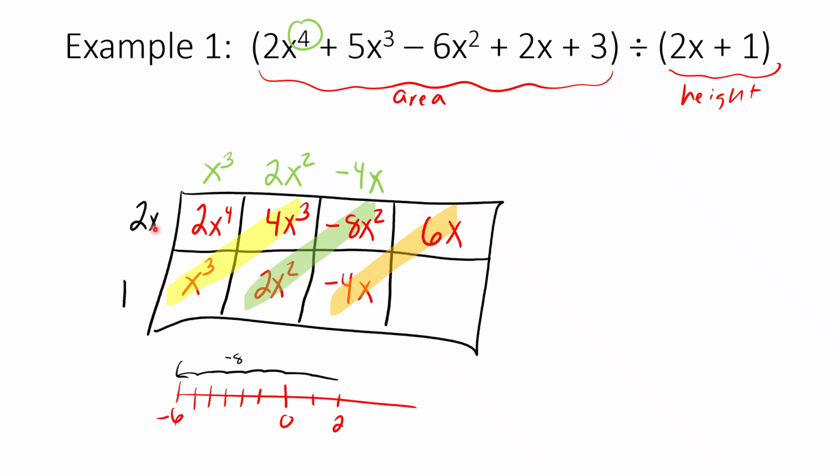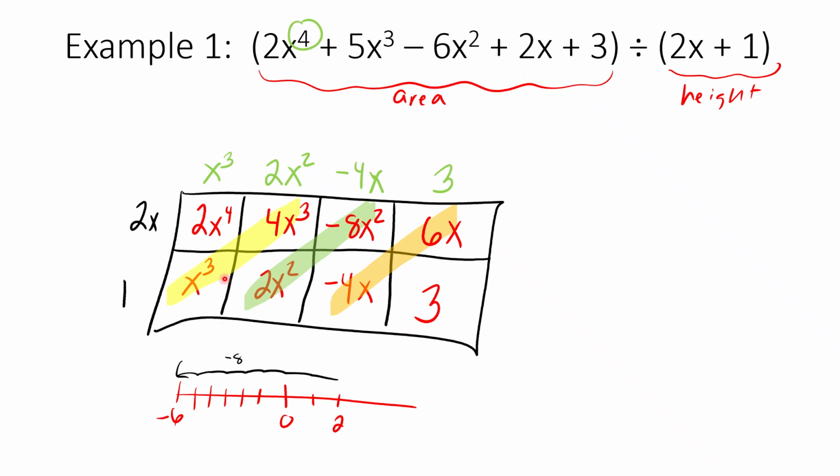And last time, 2x times what would give me 6x? Well, that would be 3. And then 1 times 3 is 3. And before we write down the final answer, let's double check and make sure everything is good to go. If I add up all of these boxes, will I get the area or the dividend?